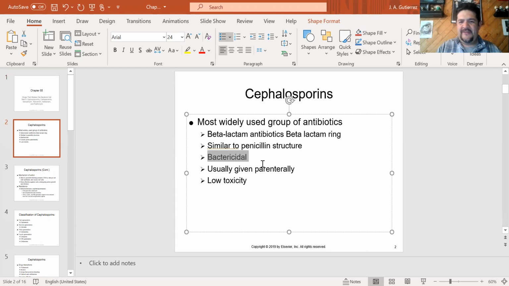It says here usually given parenterally, depends on the subtype we're talking about. And they have low toxicity where, basically, the rash or anaphylactic reaction will be our main concern.